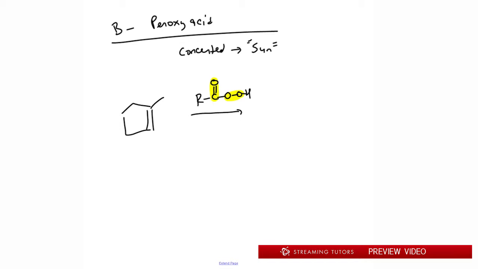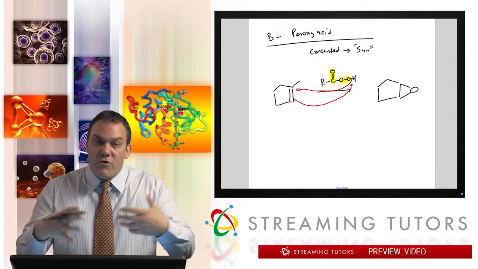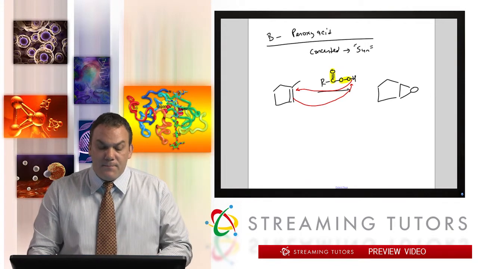So what winds up happening is the O on this end winds up attaching onto the carbon while the double bond attaches onto the O. So there's kind of like this exchange. And what we wind up doing is we get oxygen to take right into the center of this alkene. So we wind up getting the oxygen to cover both carbons at the same time. So this is a concerted process where the O transfers over at the same time.